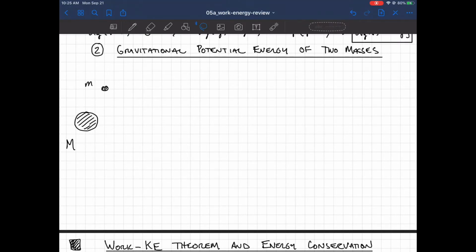And what we're going to do is take this little m and move it from one point in space to another point in space. And we're going to calculate the difference in the potential energy between those 2 points in space.